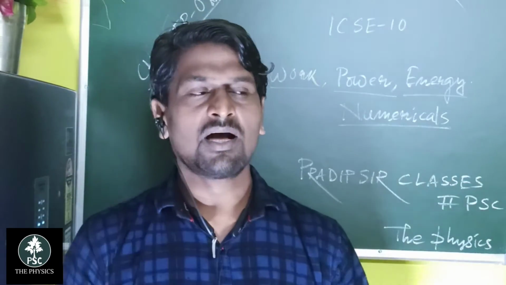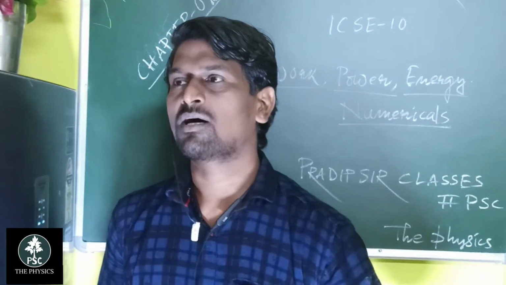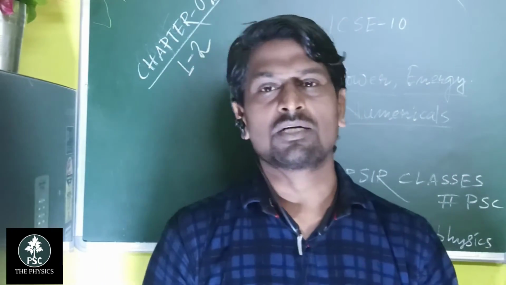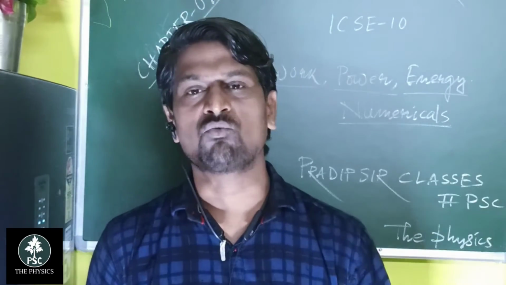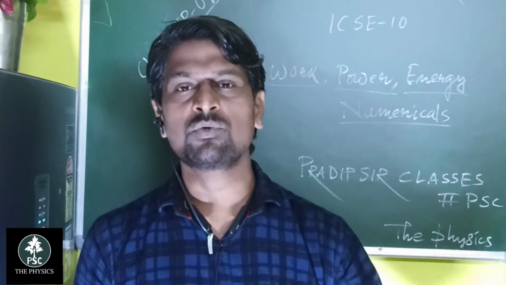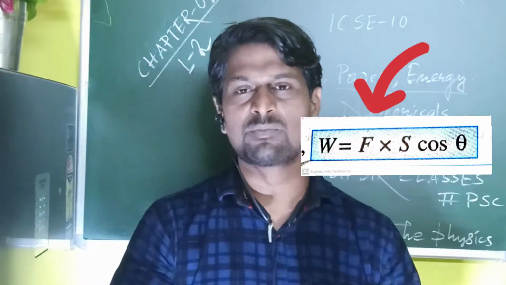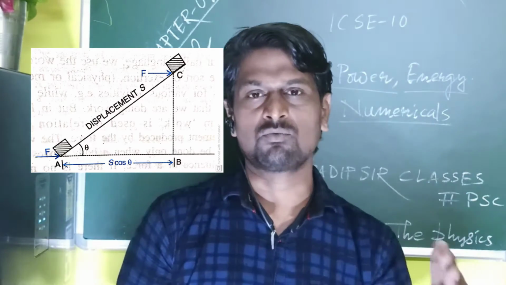But before that, I will recall that class. First of all, students, we discussed the concept of work done. What is the equation for this? It is W equal to Fs cos theta, the component of force along the displacement, or the displacement along the force.